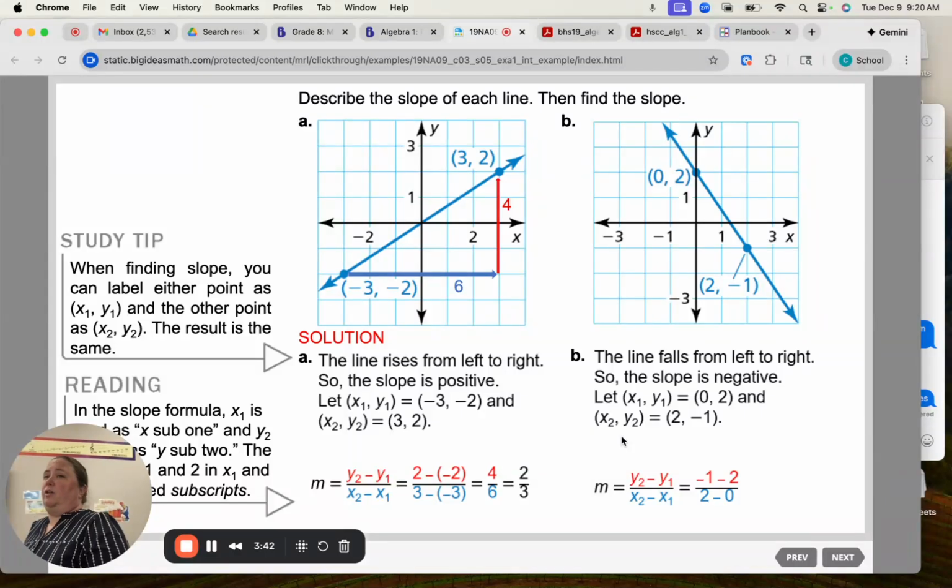It does not matter which order you put these points as long as you keep the coordinates together. You see how this is 2, negative 1 here? As long as they're on top of each other in this formula, it will work. So what's negative 1 minus 2? Negative 3. 2 minus 0? 2. So we have negative 3 over 2. Can I reduce that at all? No. So your slope is just negative 3 over 2.